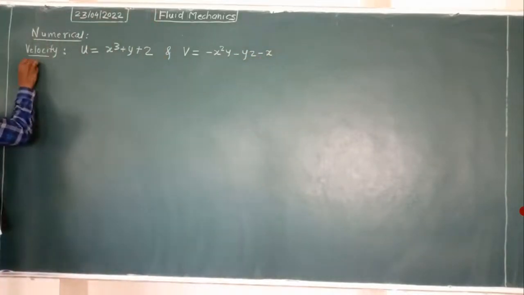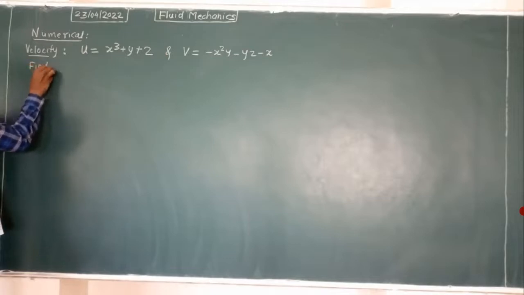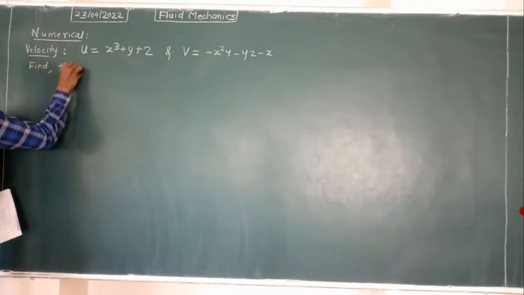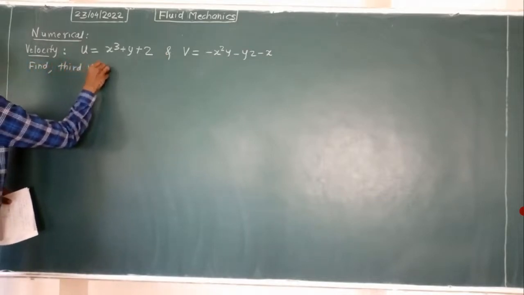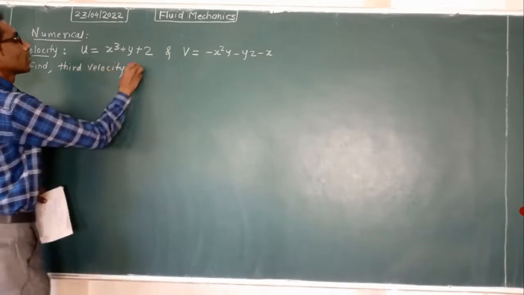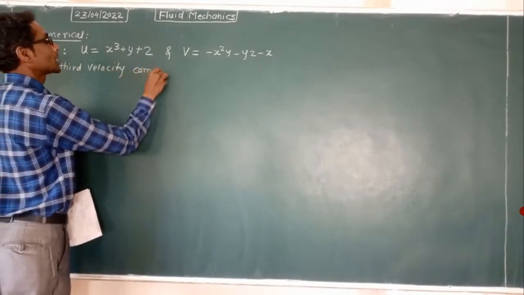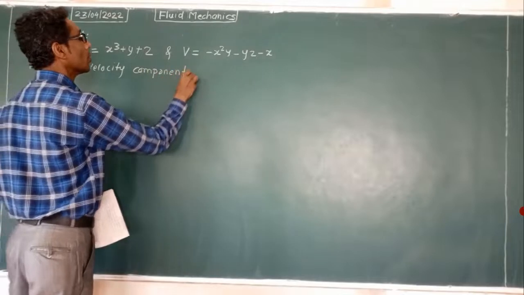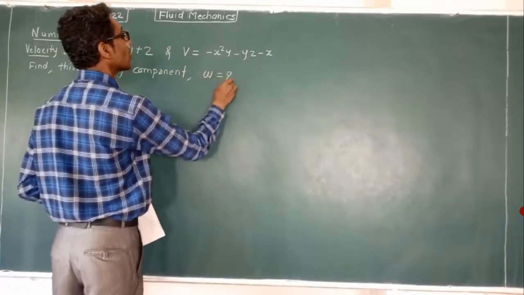What we have to do is find the third velocity component, the expression for w.